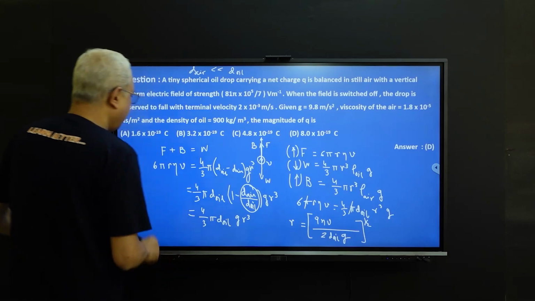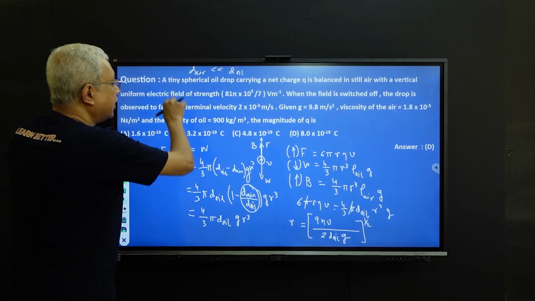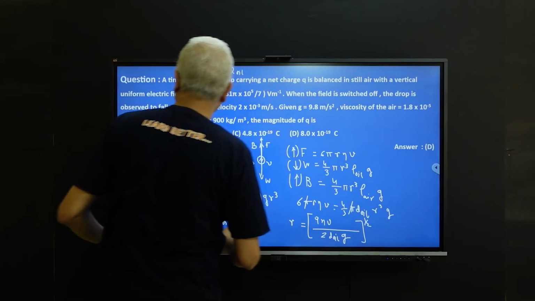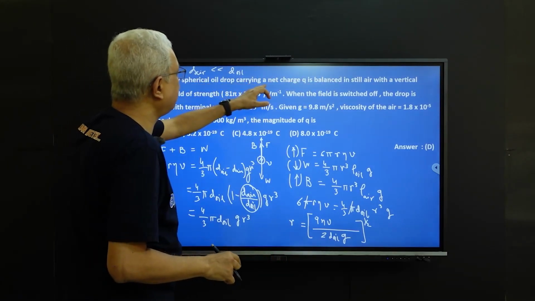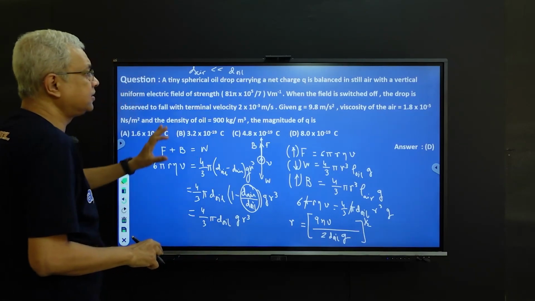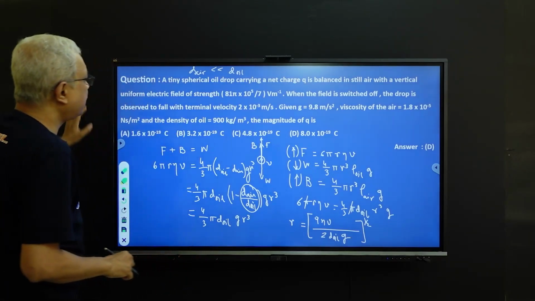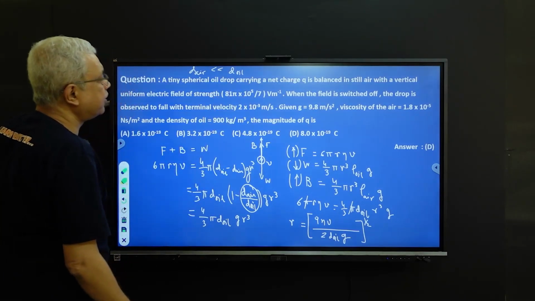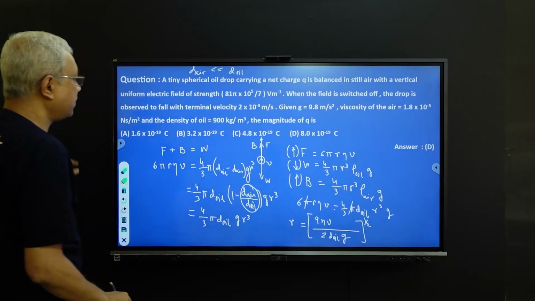Now what happens, if you consider the first part of the problem: a tiny spherical oil drop carrying a net charge is balanced in still air with a vertical uniform electric field strength, which is given as 81 pi × 10⁵/7 volt per meter.